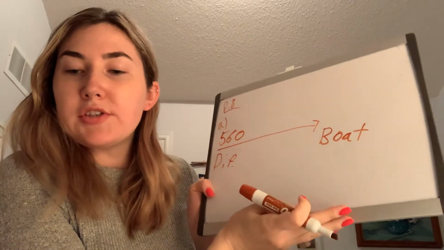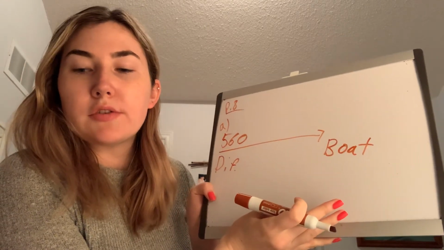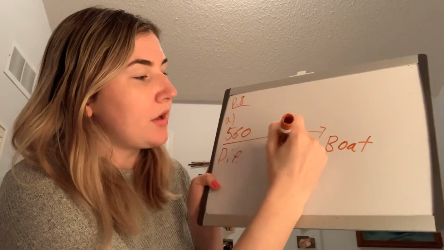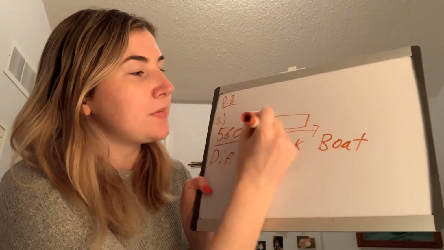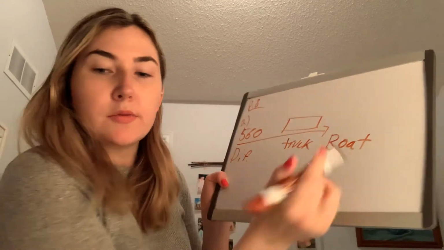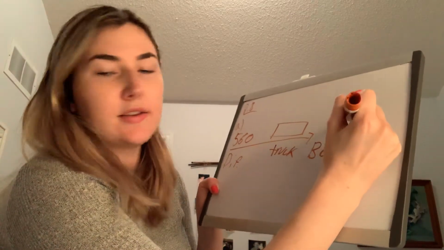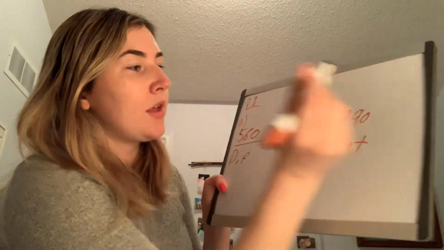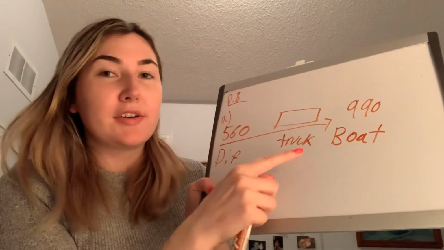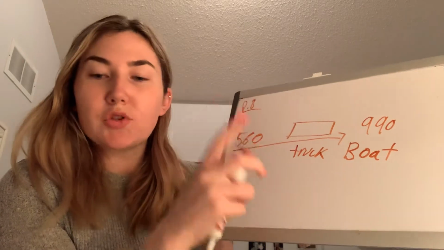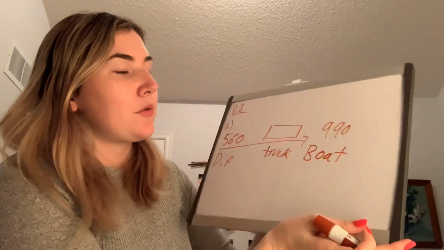And then our question is, how many miles did the truck travel? So truck will be our second small number, which is missing. So our boat traveled 990. So now when we have a big number and a small number, in order to find our second small number, we need to subtract. So let's do that over here.